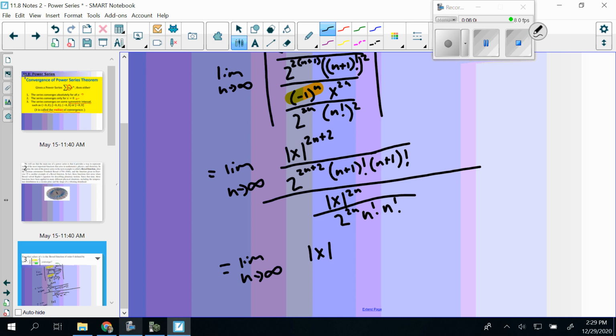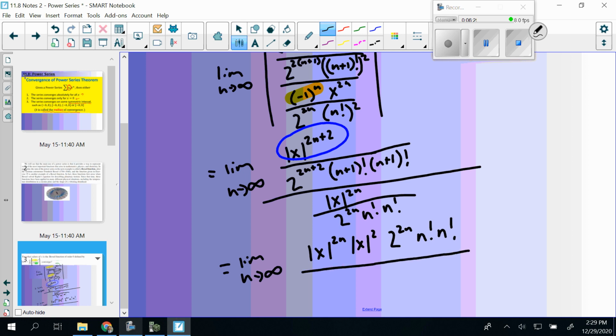I'm going to, in this case, write this out as, if we got this to the 2n plus 2, I can write this as x to the 2n times x squared would be another way, because if we combine that together, we would add the exponents. Multiplying by reciprocal, this term would go to the numerator. And same with these two n factorials.